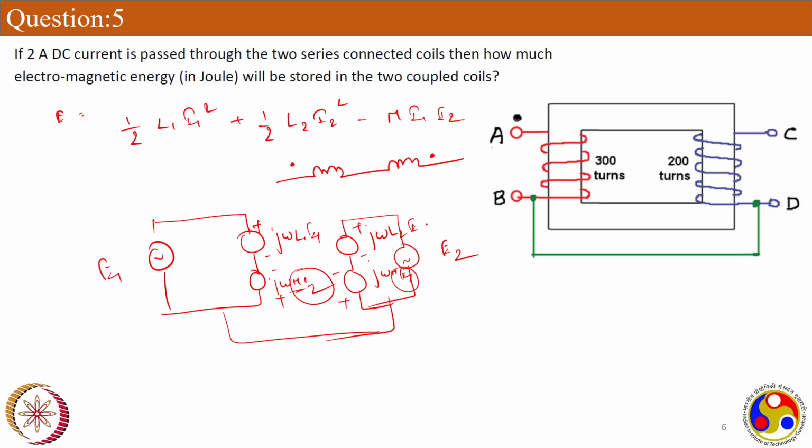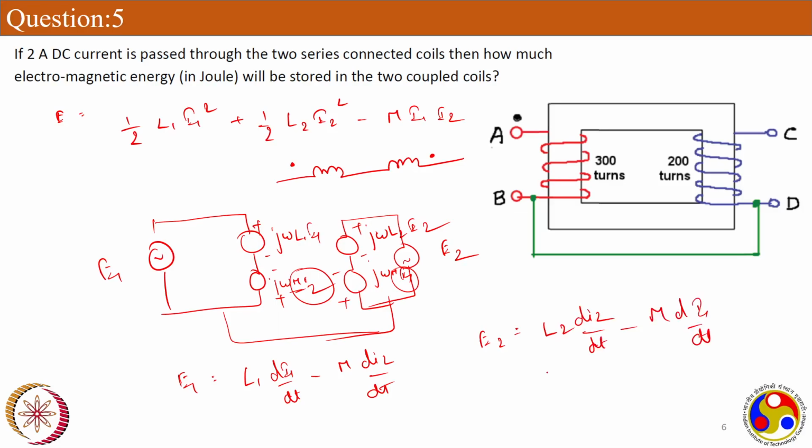So here you will have two equations. E1 is equal to L1 di1 by dt minus M di2 by dt, and E2 also you will have two equations, L2 di2 by dt minus M di1 by dt. You have to calculate the energy, right? In order to get the energy, you need to first calculate the power. So power would be E1 I1 plus E2 I2.